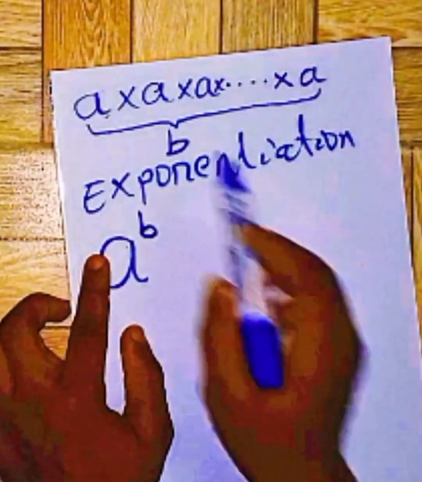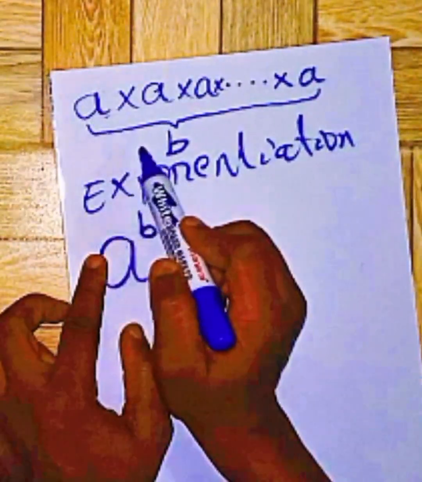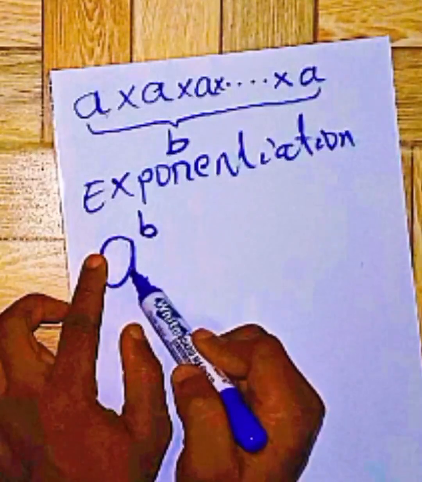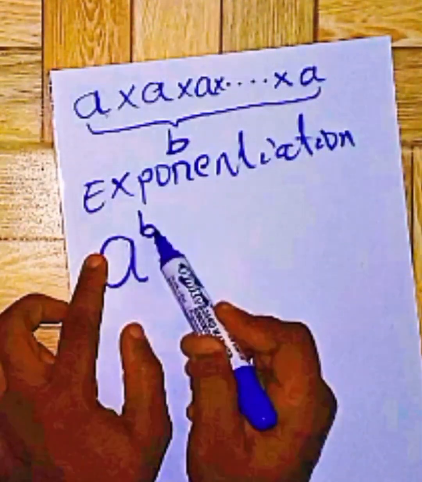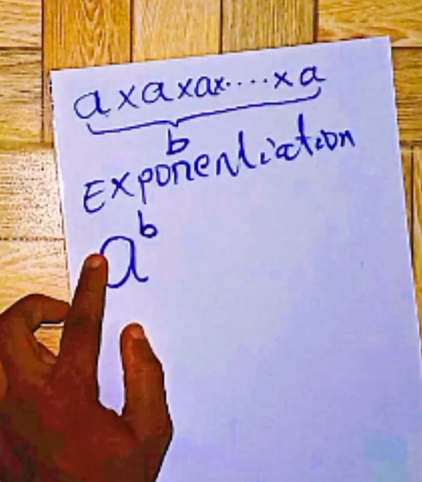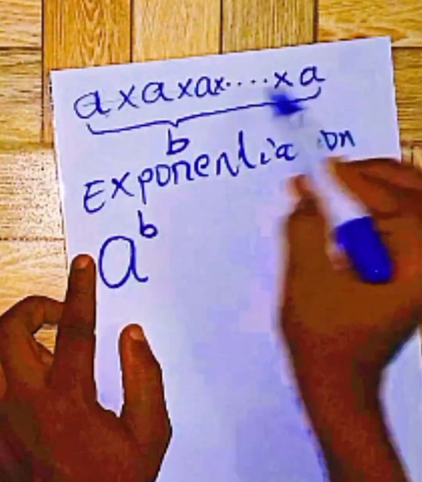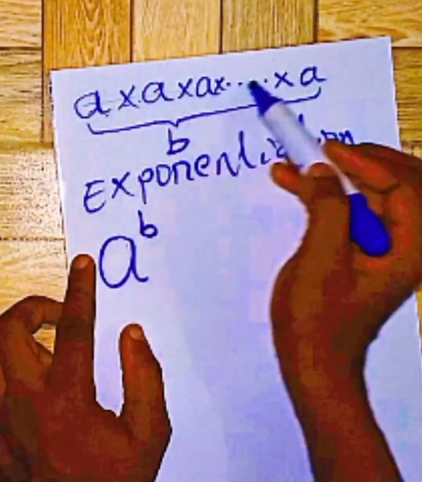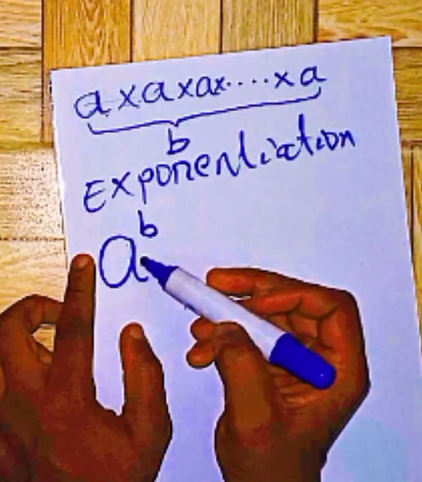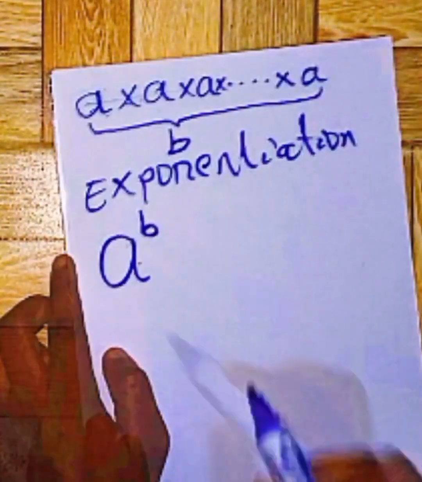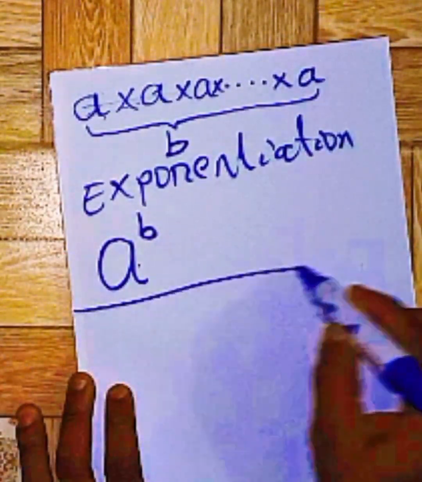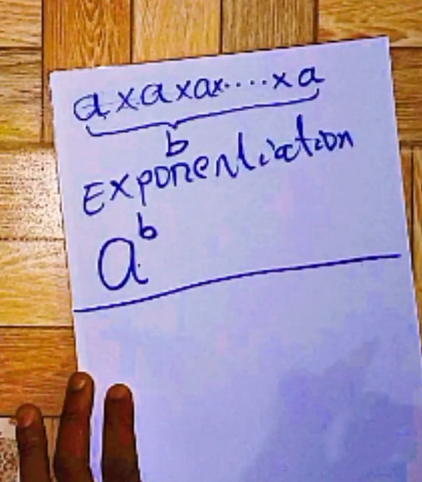This tells us simply that a is being multiplied by itself b times. So exponentiation is repeated multiplication. A times a times a times a times a. That's exponentiation. Now, once you understand that, I do not need to go further about what exponentiation is.